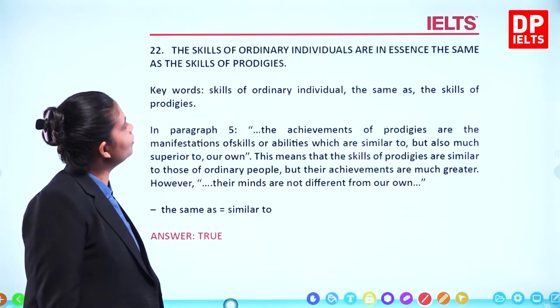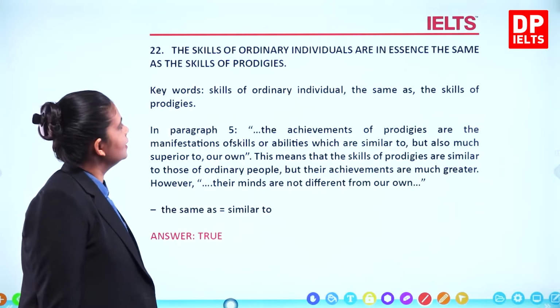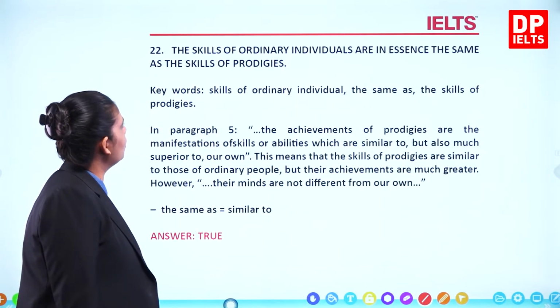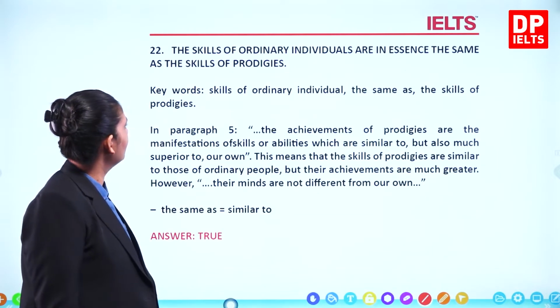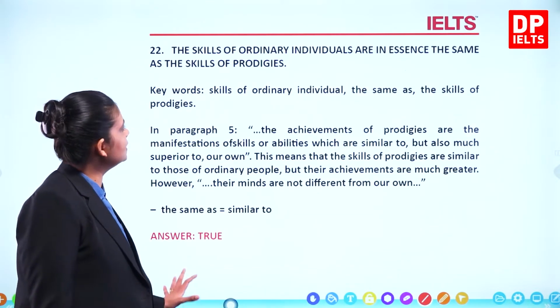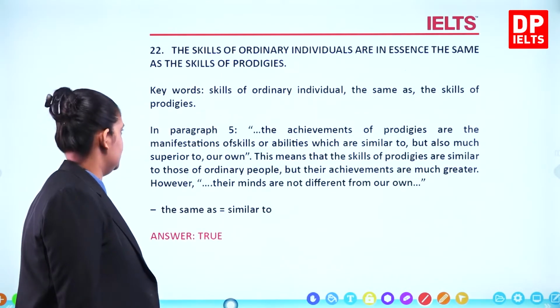The skills of ordinary individuals are in essence the same as the skills of prodigies. Okay. So keywords: skills of ordinary individuals, same as the skills of prodigies.